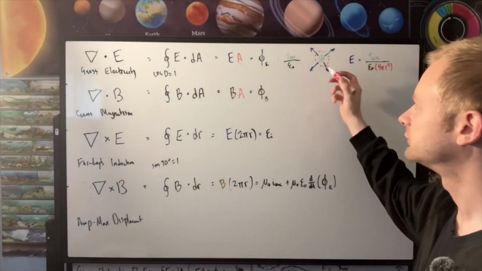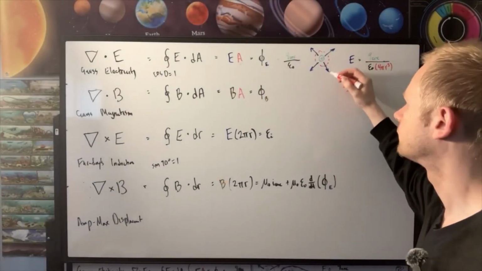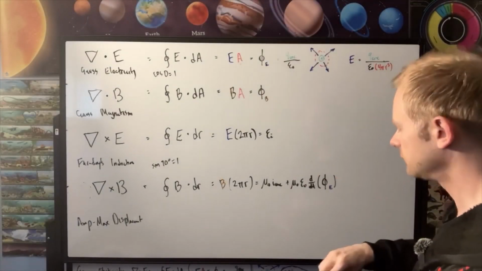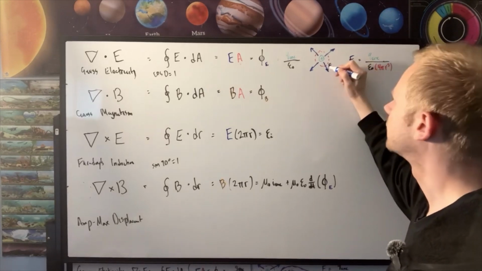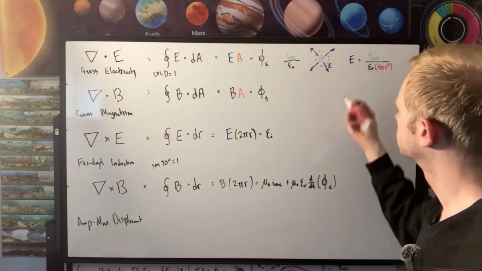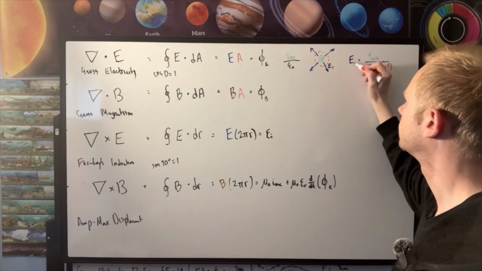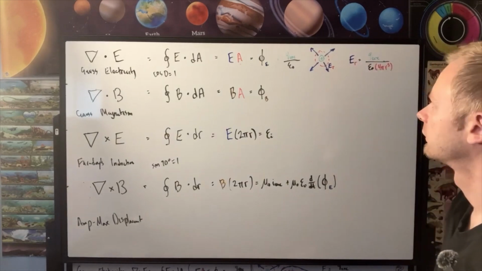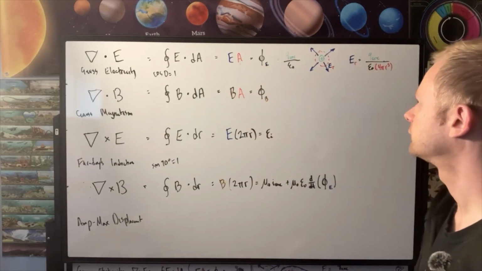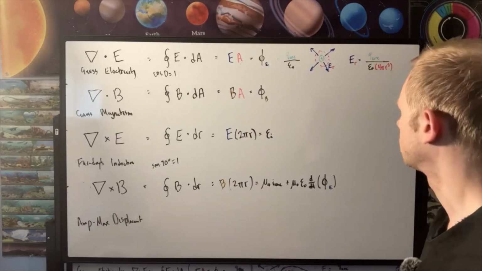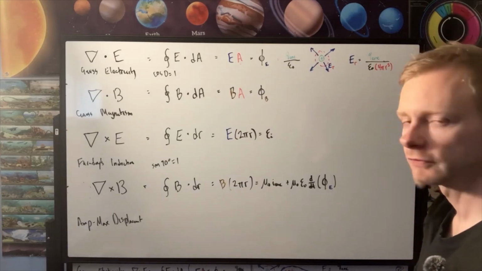So what this allows you to do is basically draw different radiuses, and it'll allow you to calculate the electric field at that particular radius. So this would be the electric field at that radius, the electric field at that radius. So you get the area of that sphere. These are the Gaussian spheres that allow you to calculate the electric field.